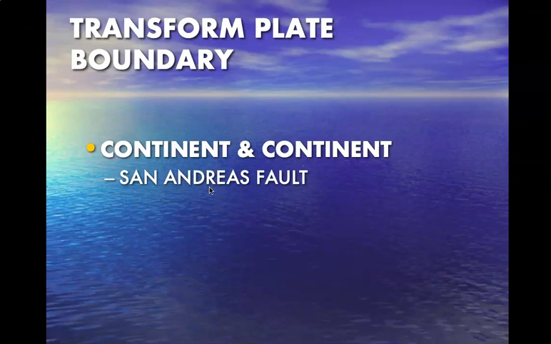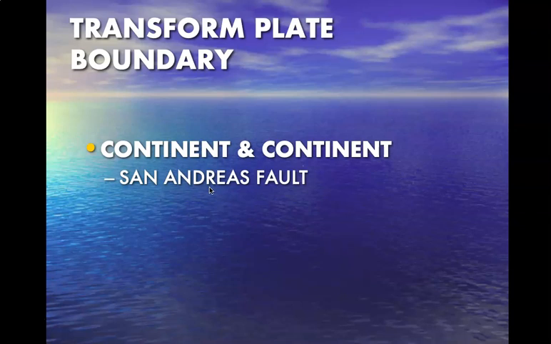If you remember, over on the west coast of North America, we told you that the North American plate ends and the Pacific plate picks up, right? And we talked about the subduction zone over there, and that's all still true. The difference is that when you get right around San Francisco, the Pacific plate comes inland a bit.